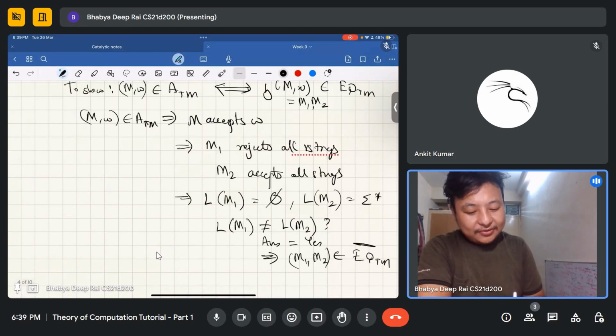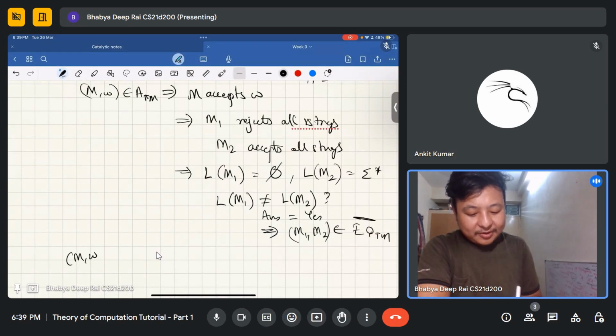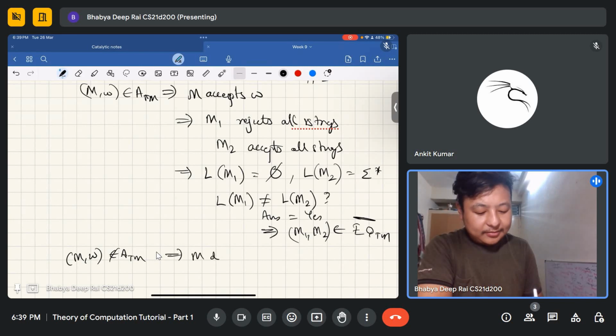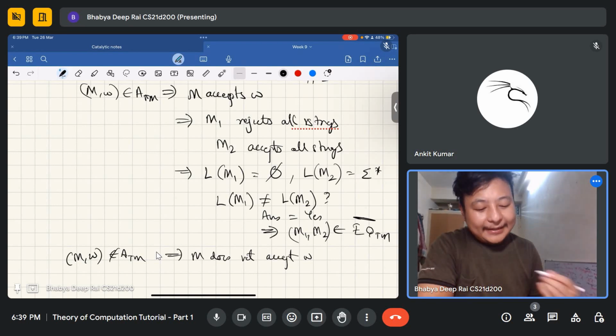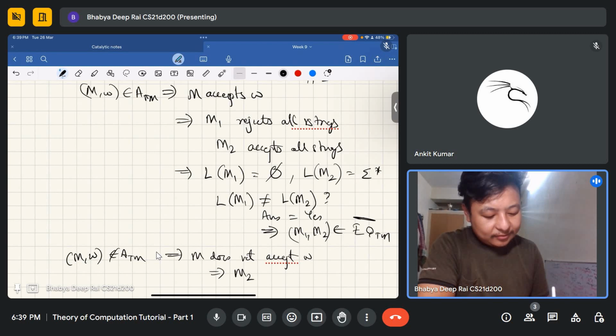And similarly, you can show that if M comma W is not in ATM, that means M does not accept W. Then you can say that M1 rejects all strings and M2 does not accept any string.